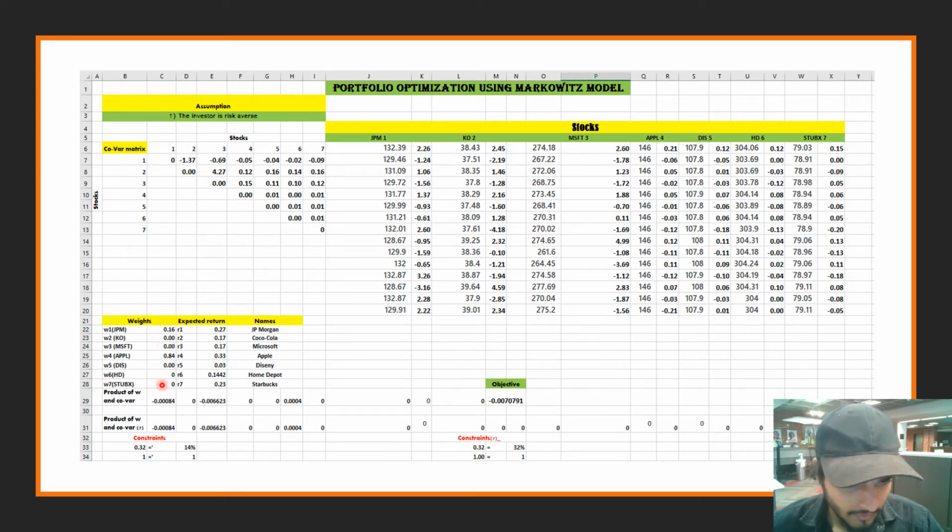Here you can see the weights of the stocks and the expected rate of return of each and every stock. These two rows represent the quadratic equation of the objective function, and you can also see the constraints. Once this model is prepared in Excel, I use the GRG nonlinear algorithm to run the model.